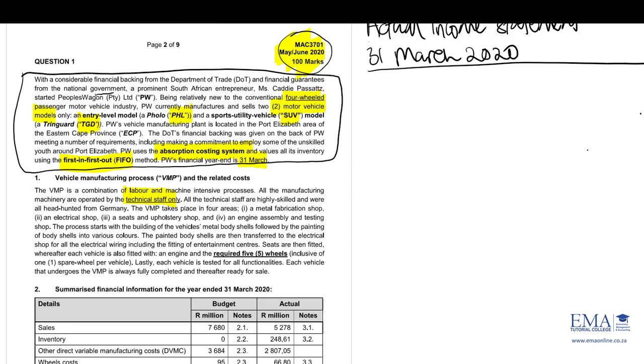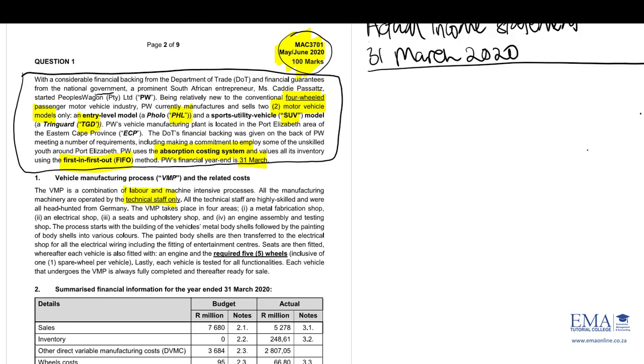The VPM takes place in 4 areas: a metal fabrication shop, an electrical shop, a seat and upholstery shop, and an engine assembly testing shop. The process starts with building of the vehicle's metal body shells, followed by the painting of the body shells into various colors. The painted body shells are then transferred to the electrical shop for all the electrical wiring, including the fitting of entertainment centers.